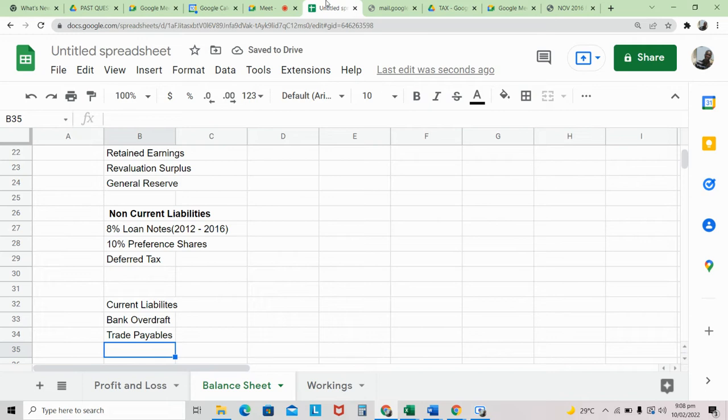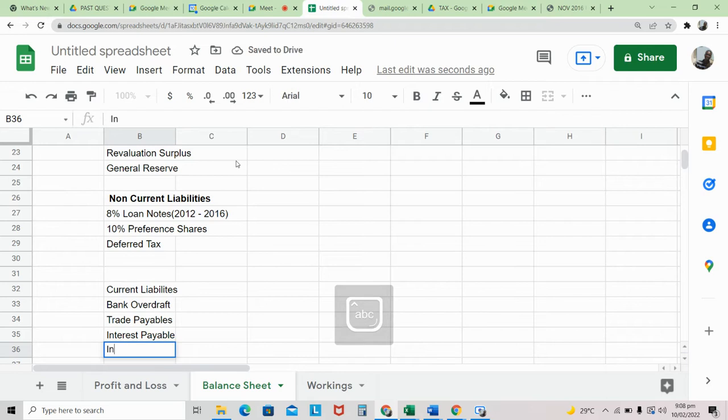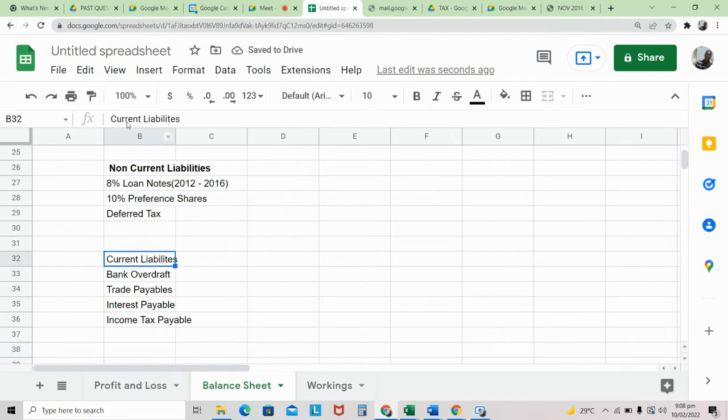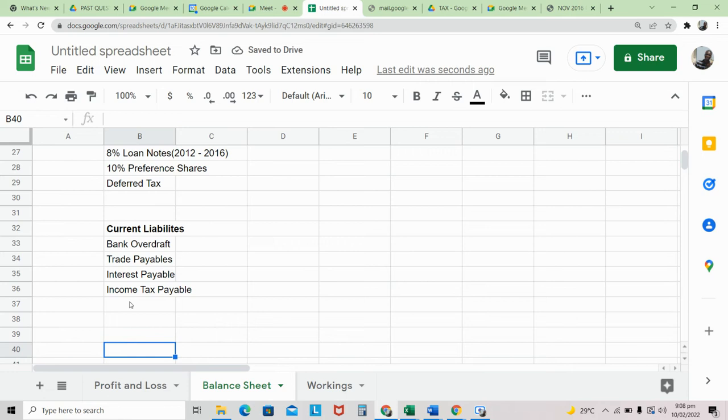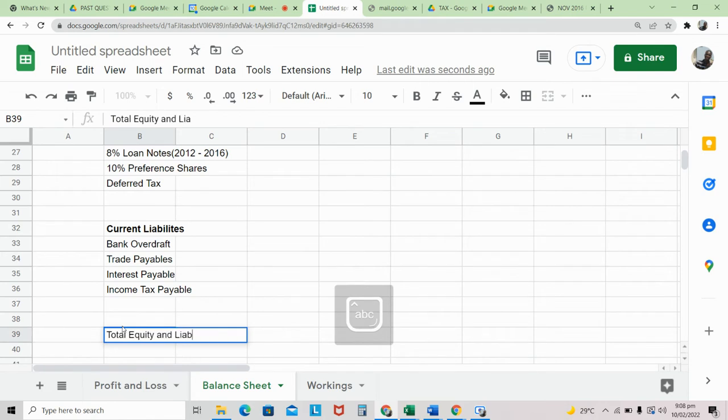Then what do we have again? Bank overdrafts, trade payables, and then interest payable. And income tax payable. So now we have our total equity and liabilities.